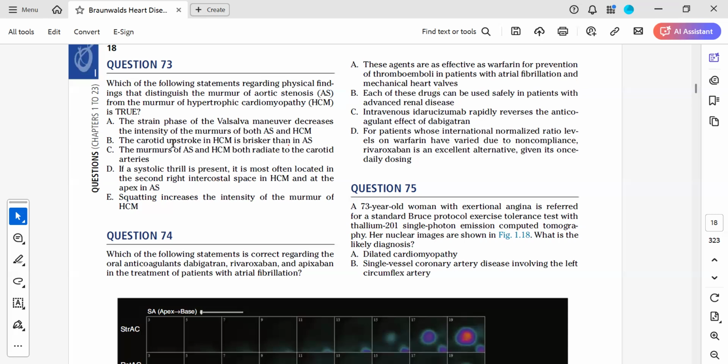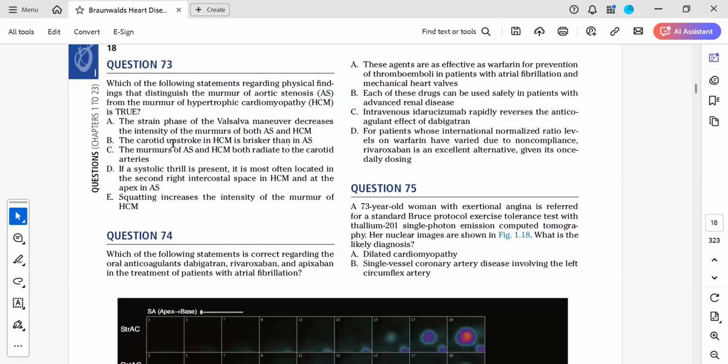C, the murmurs of AS and HCM both radiate to the carotid artery. This is also wrong, because it is the AS murmur that radiates to the carotid artery, not HCM. D, if a systolic thrill is present, it is most often located in the second right intercostal space in HCM and at the apex in AS. This is also wrong, because in AS the thrill is located at the second right intercostal space, while that of HCM is at the fourth left intercostal space, not the apex.